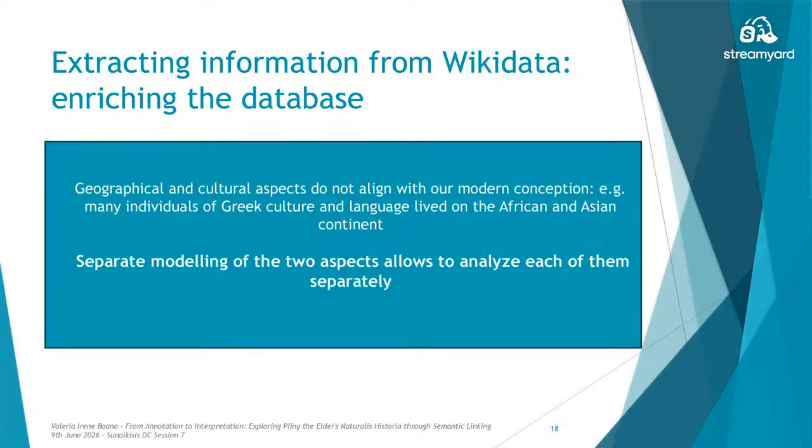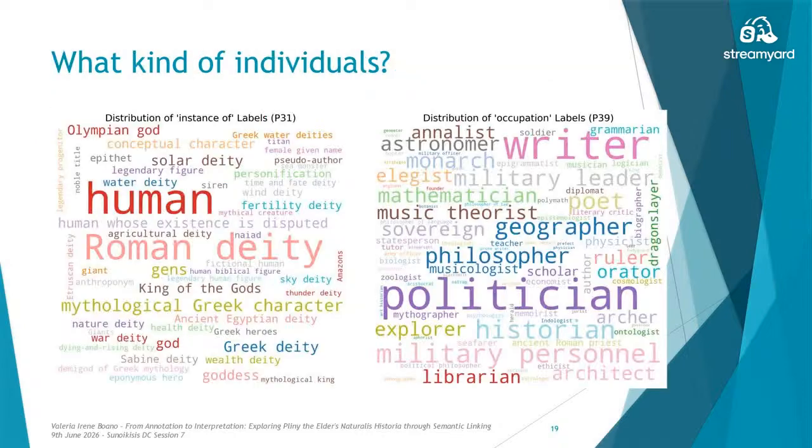And at the end, I was able to separately model 2 aspects which right now do not align with our modern conception. For instance, we know many individuals of Greek culture and language lived on the African and Asian continent. So by having a different model for language and citizenship, I'm able to analyze the aspects which I want, basically.